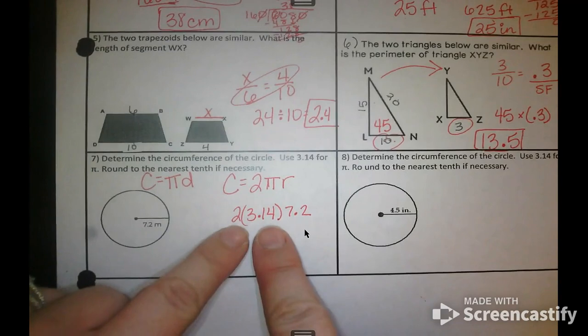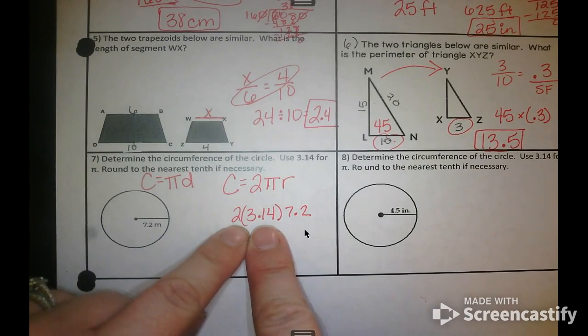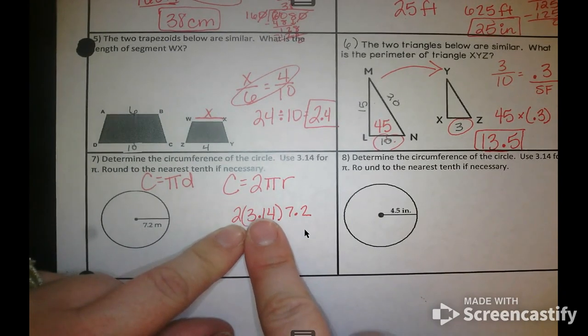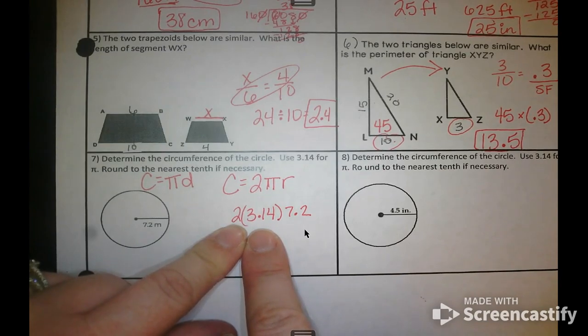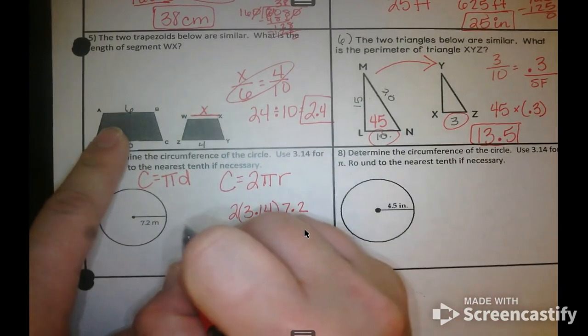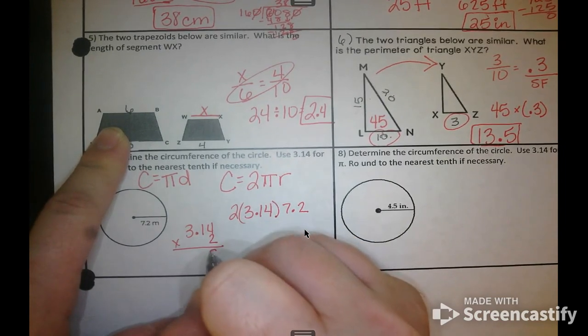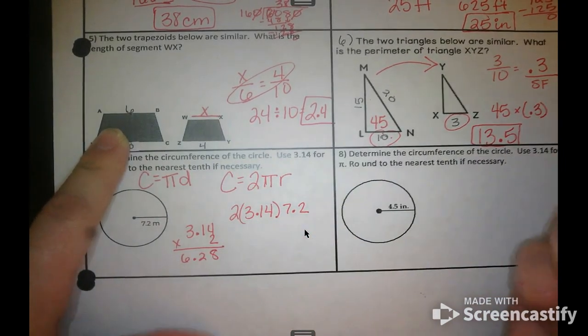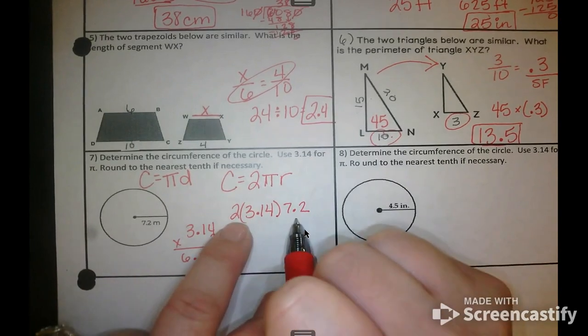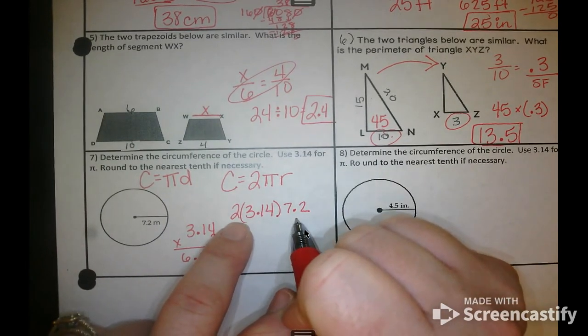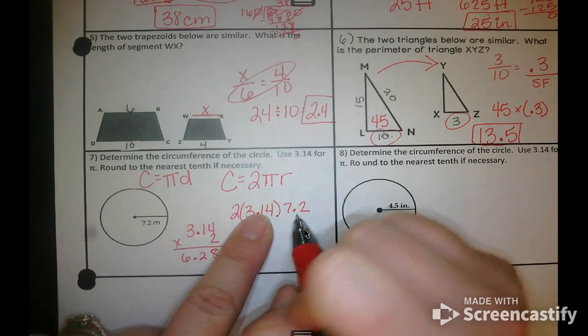If you multiplied 2 times pi first, it's going to give you easier numbers to multiply. Because 2 times pi gives you 6.28. If you would have done this first, it would have given you 14.4, so then you would have had a 3-digit by a 3-digit number.